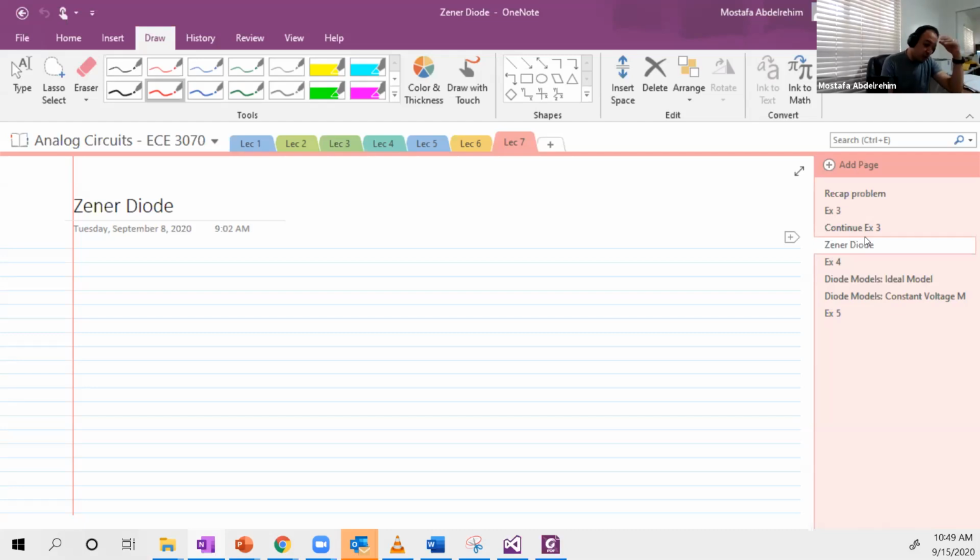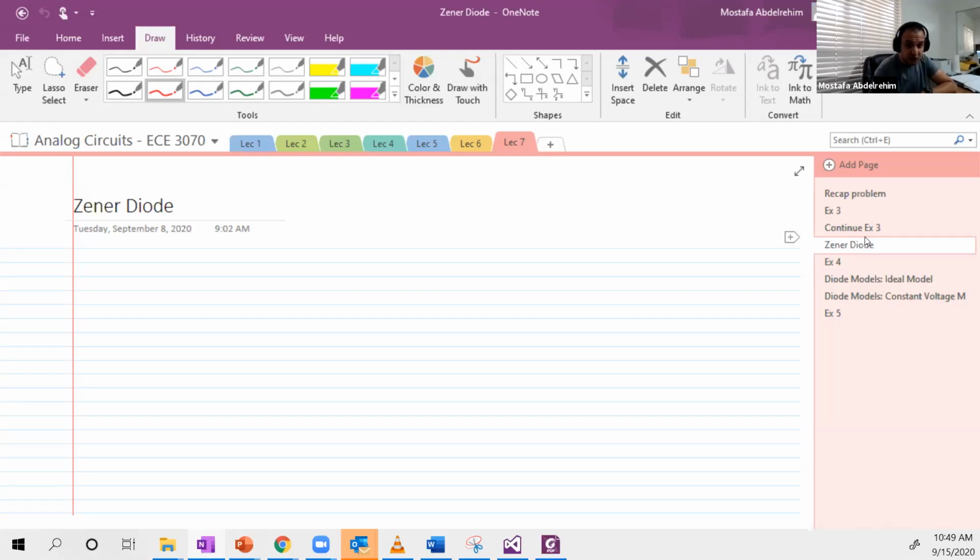So one diode in particular is the Zener diode, which is designed to work in breakdown, but at much lower voltages than the normal rectifying diodes, which have very high breakdown voltages like 100, maybe 1000.